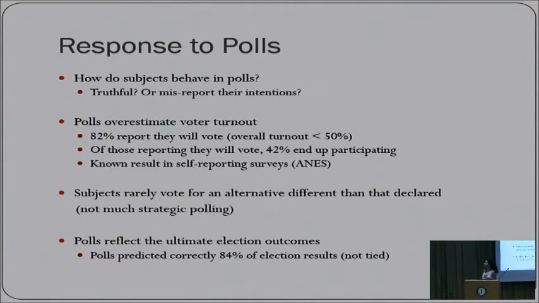And polls reflect the ultimate election outcome. So despite this mismatch between participation and declared participation, if you just looked at the polls, you would do a fairly good job at predicting the outcomes of these elections. They predicted correctly about 84% of our elections.